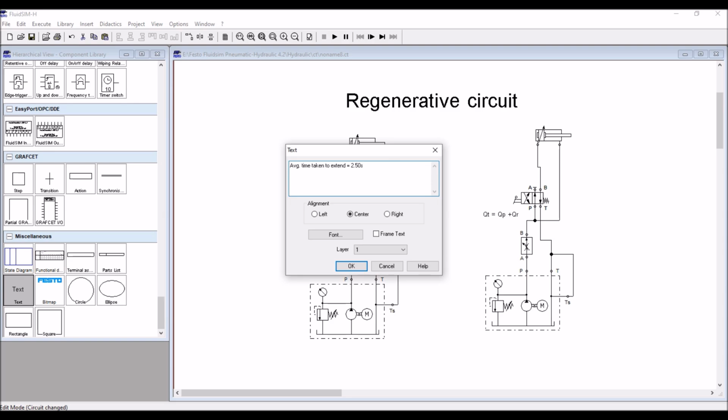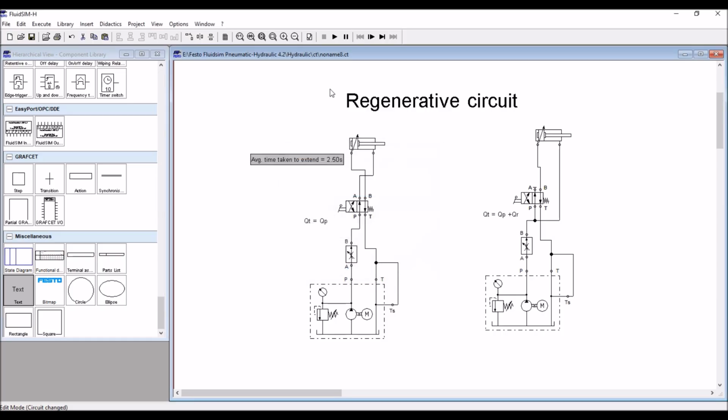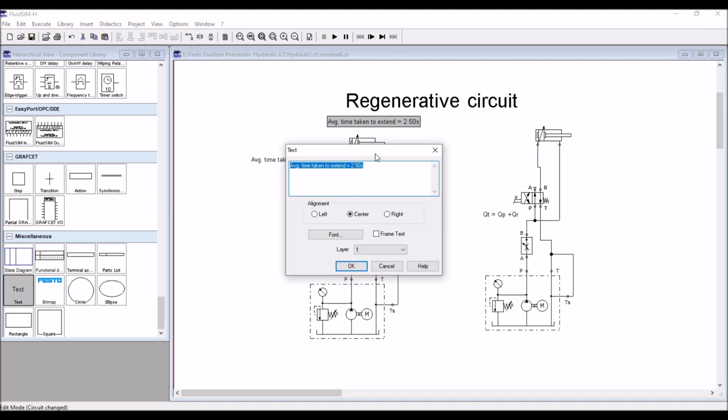Okay, and the cylinder stroke length in the simulation is 200 mm, but in the laboratory it is around 400 mm. So stroke length is equal to 400 mm.